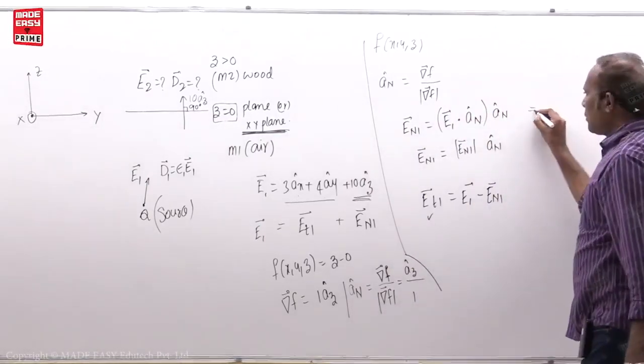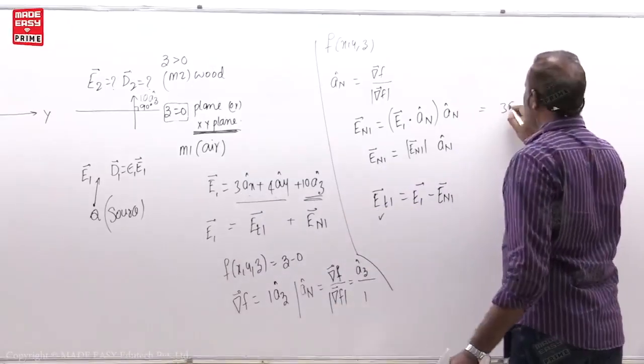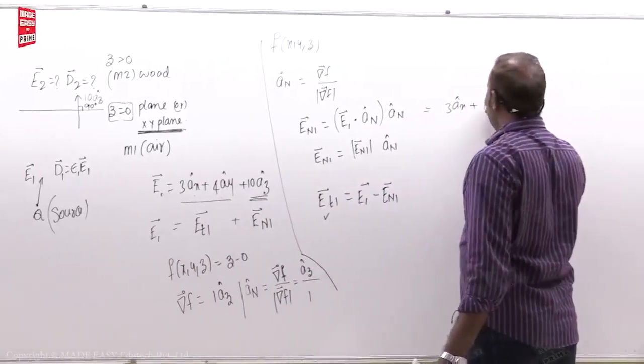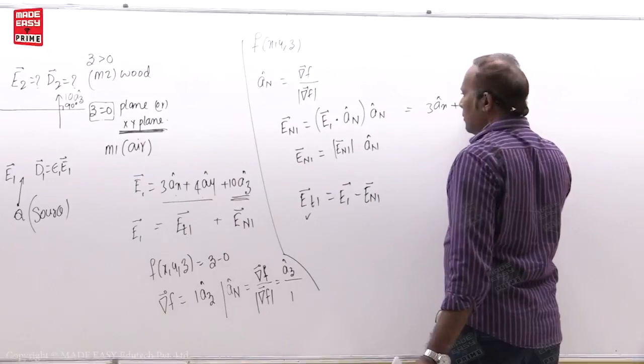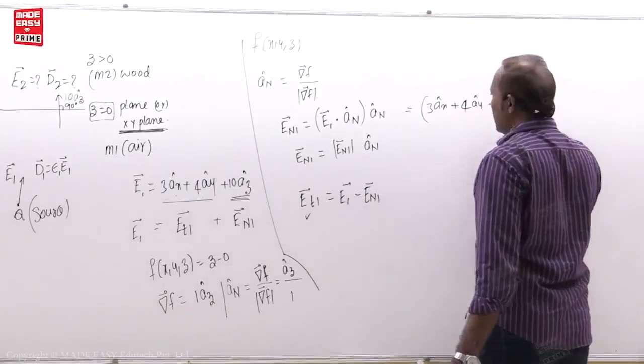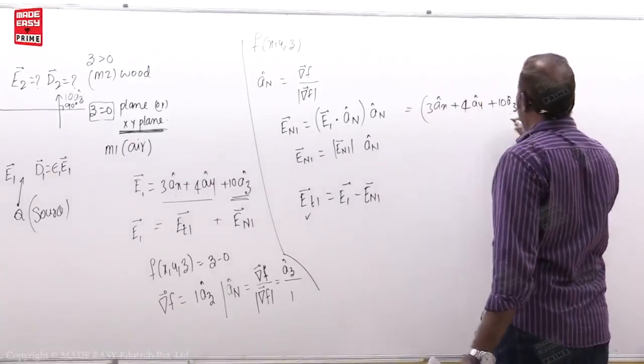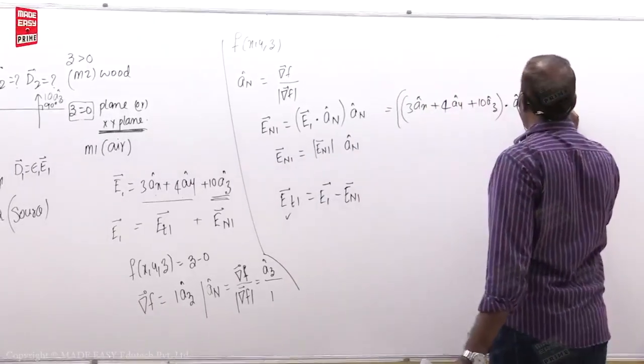Now the given vector is 3ax plus 4ay plus 10az. En1 is this vector dotted with an, which is az, and again times az.